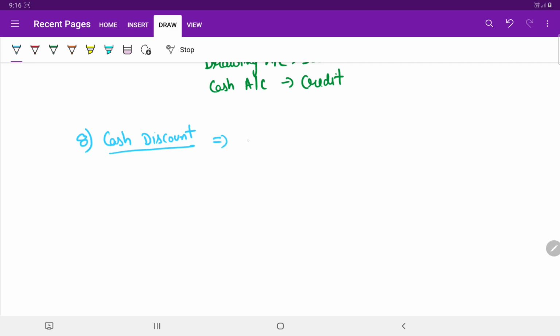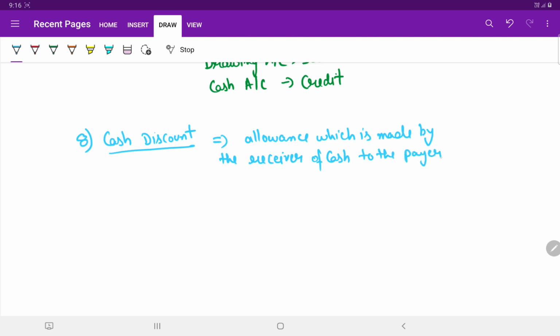The cash discount is an allowance which is made by the receiver of cash to the payer for the payment made before due date.